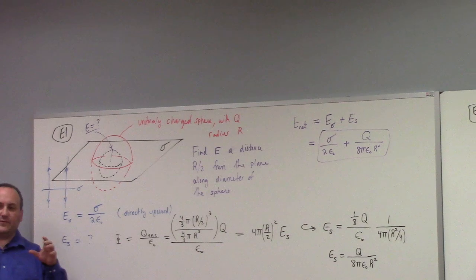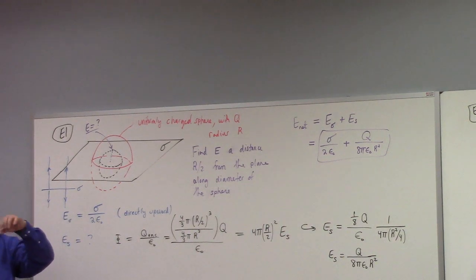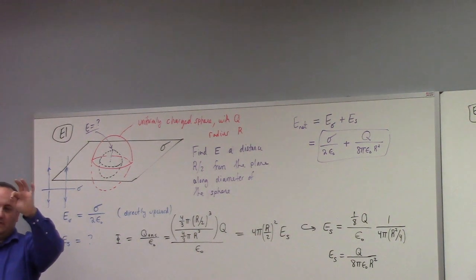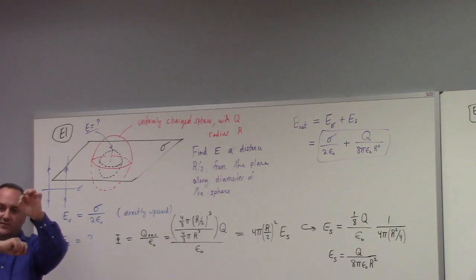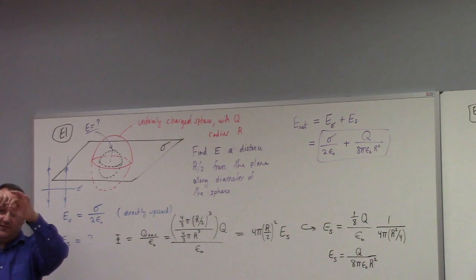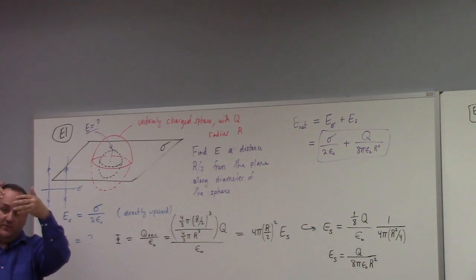Like all those early problems where we had 3 charges and you're asked to find the net electric field, what did you do? You took the electric field from charge 1, charge 2, charge 3, and took the vector sum of those electric fields as given to you by Coulomb's law. You're using superposition here.